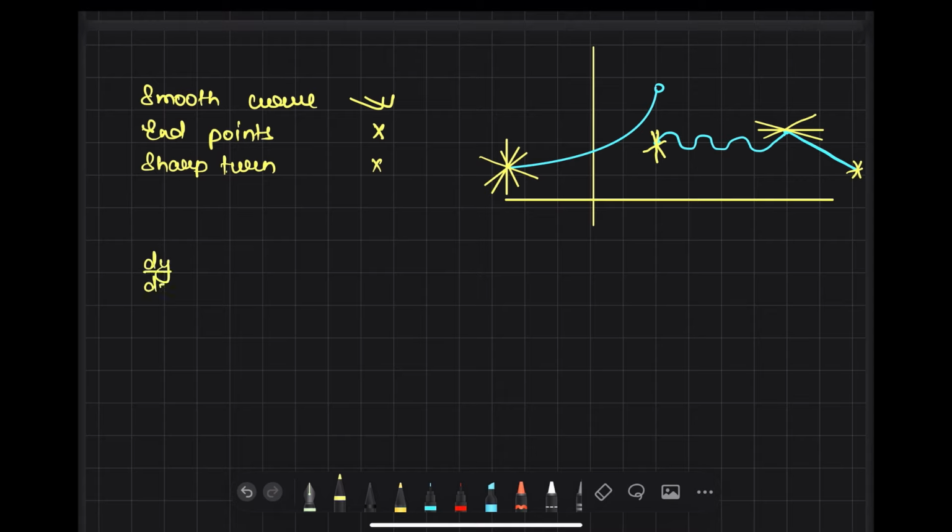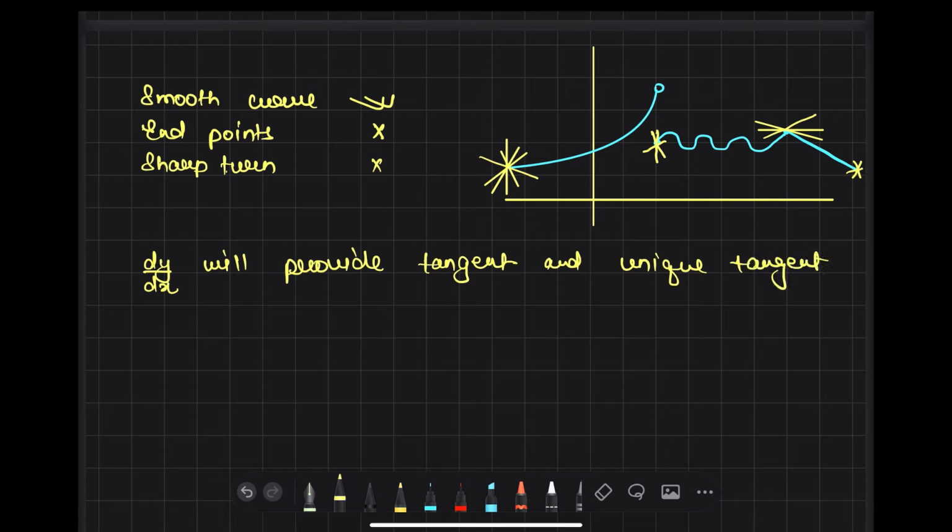So dy by dx will provide a unique tangent, and a unique tangent is only obtained at a smooth curve.